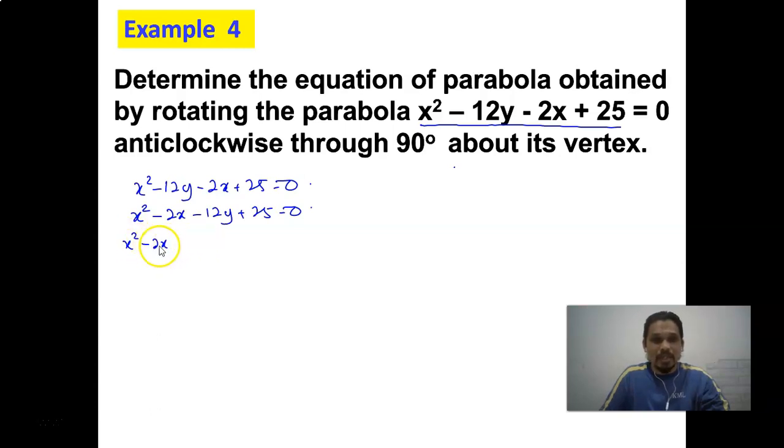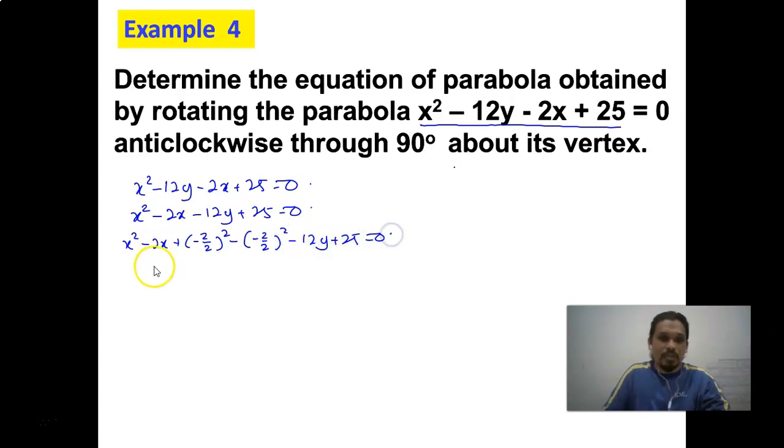So x squared minus 2x plus negative 2 over 2 squared, minus negative 2 over 2 squared, minus 12y plus 25 equals 0. These first three terms give x minus 1 squared, minus the square of negative 1, which is 1, and then minus 12y plus 25 equals 0.